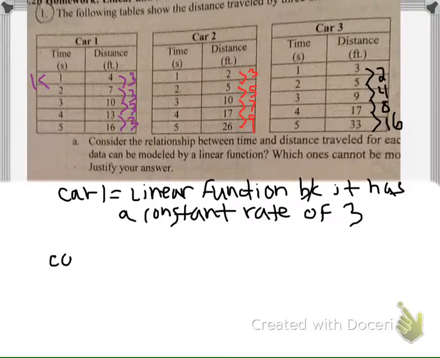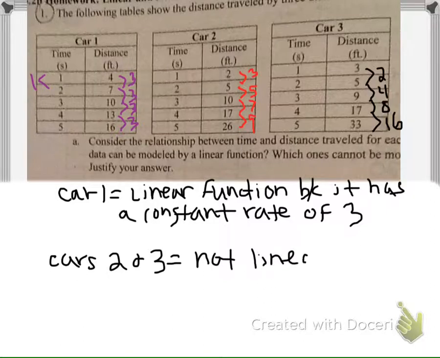And then cars 2 and 3 equals not linear because they do not have a constant rate.